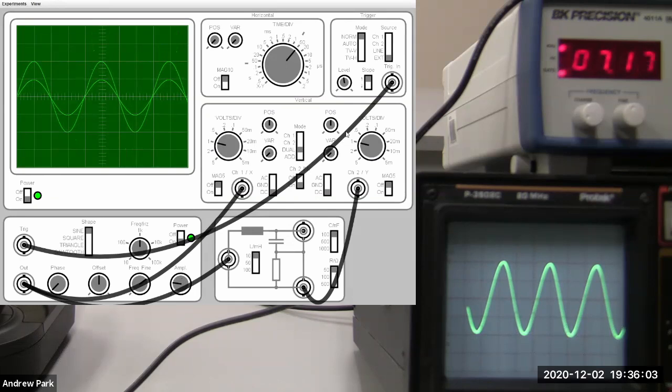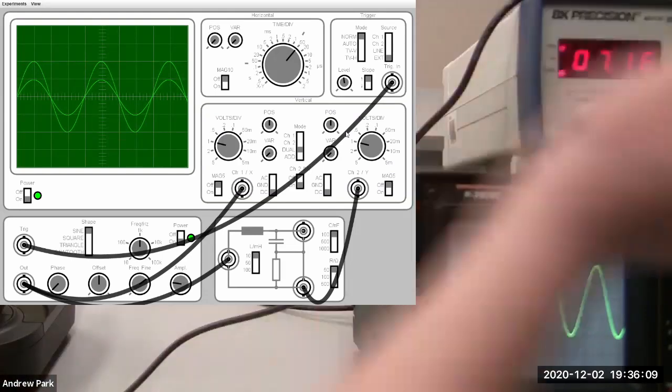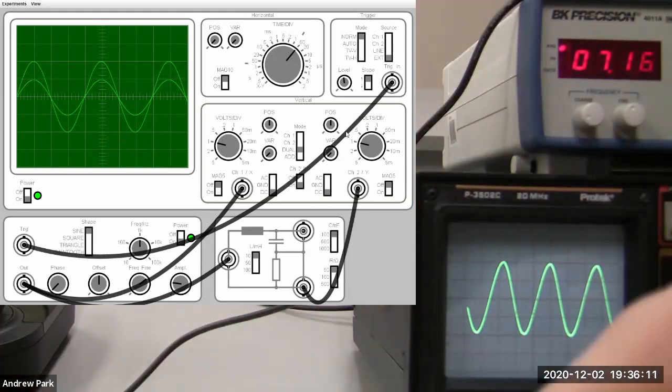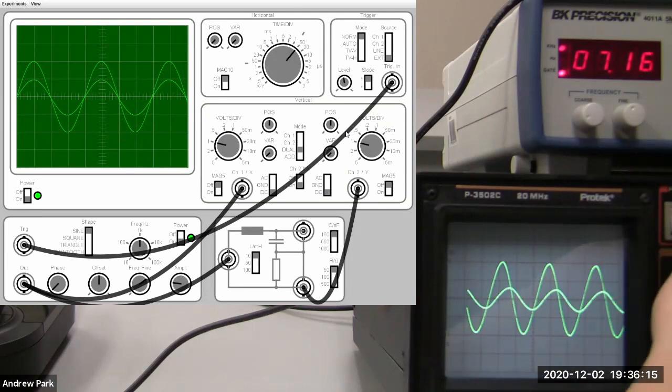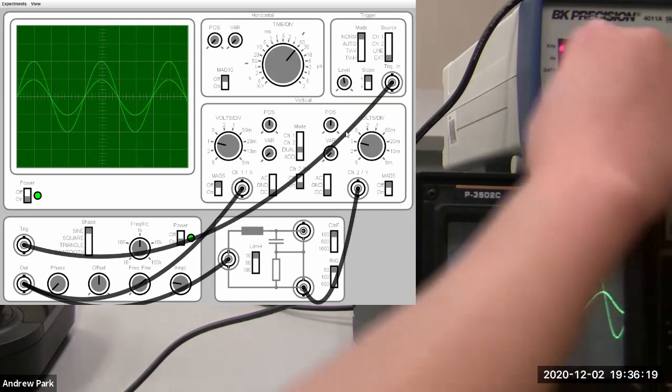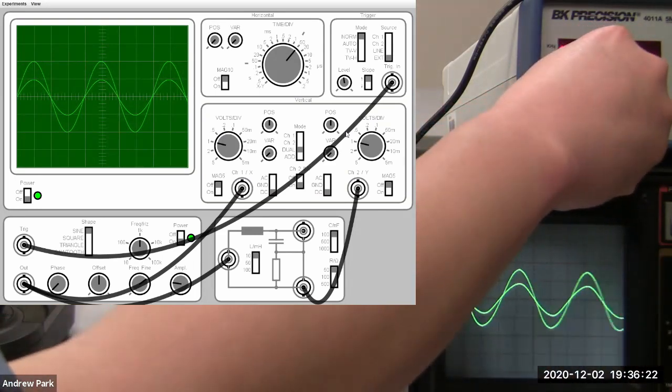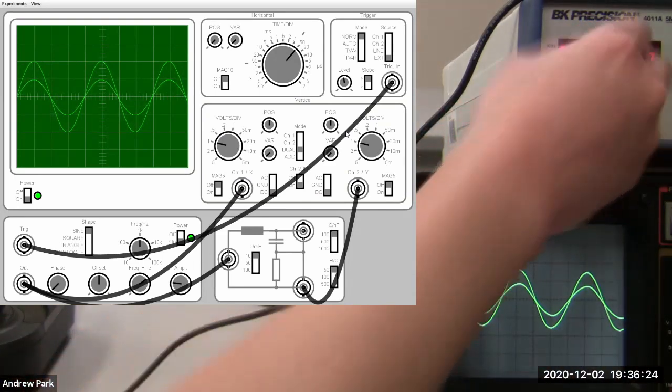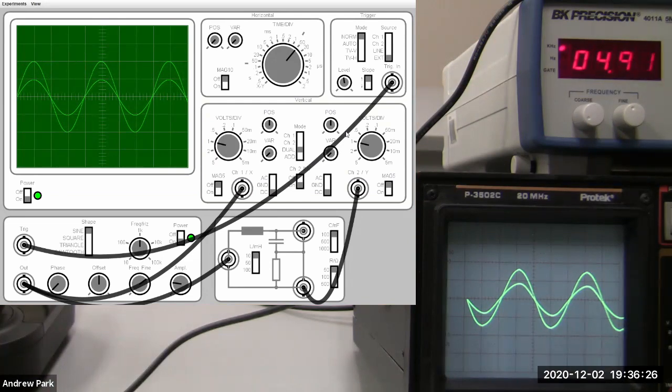I don't know if that sounds right. In any case, let me turn both of these on, and they are both on 1 volt per division. And let me put this on resonance again. Oh, I guess that's right.